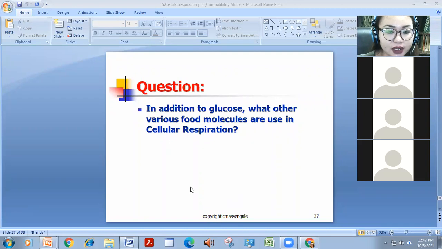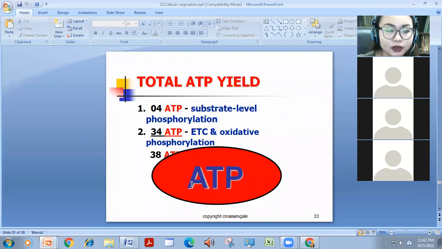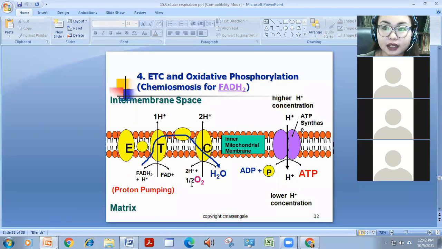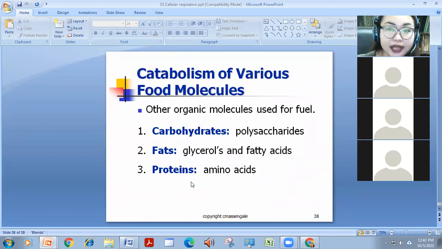It's very detailed, but all you have to understand are the basic steps. Why do we need to use the energy? So that we can move, in order to continue our growth and development, even for animals and plants, we need ATP or energy.